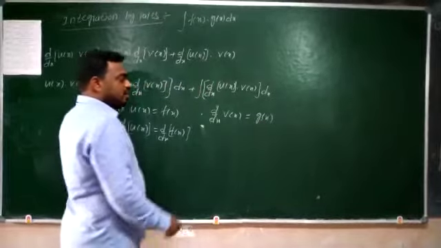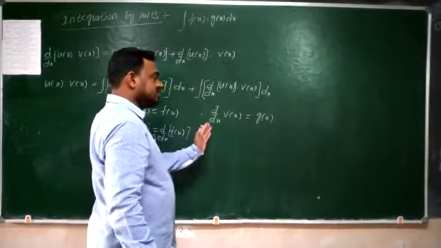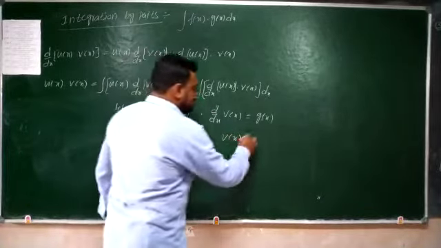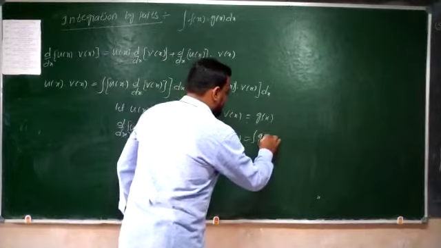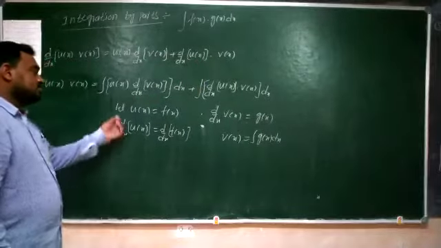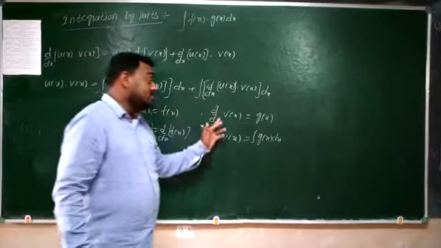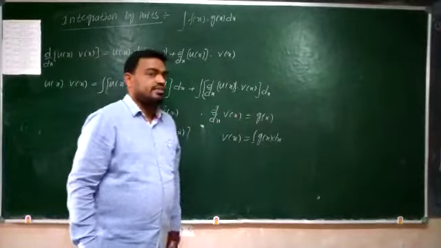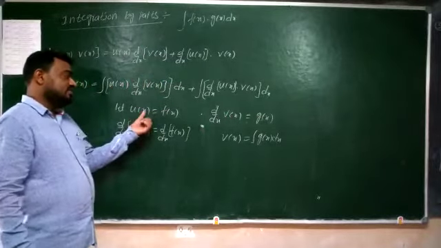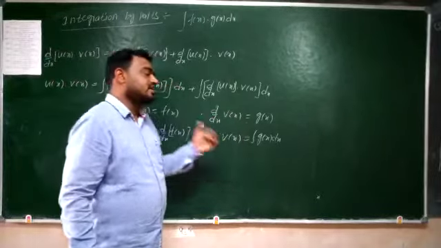Now we apply integral on both sides. Integration and derivative cancel on the left side, so v of x is equal to integration of g of x dx. Understood? So what we are assuming here: u of x is f of x, and the derivative of v of x is g of x. So for the first function you apply derivative, for the second function you apply integration.